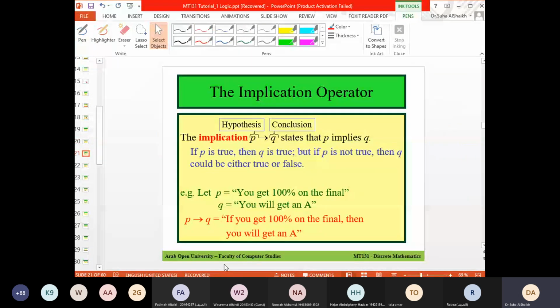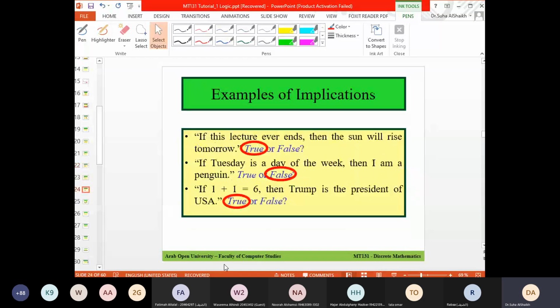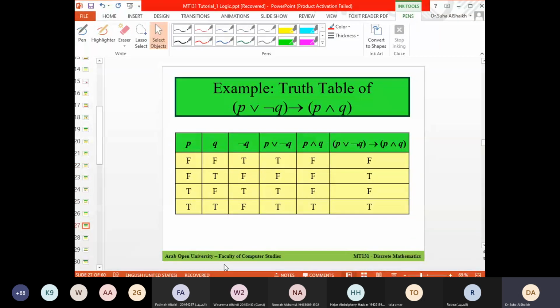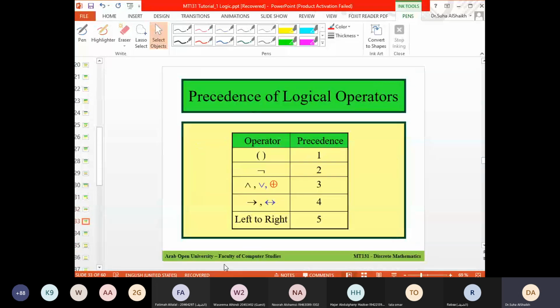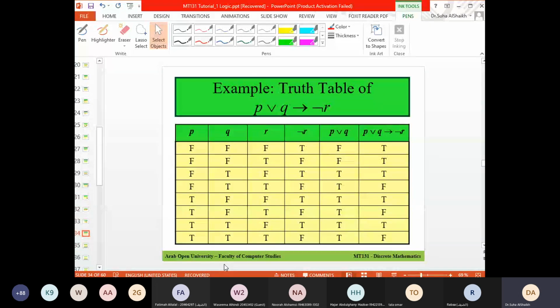Now why this is important? This is important لو كان عندنا شيء زي كذا. Yeah. Here. شايفين the truth table؟ They want the truth table of this one. They didn't put a bracket.